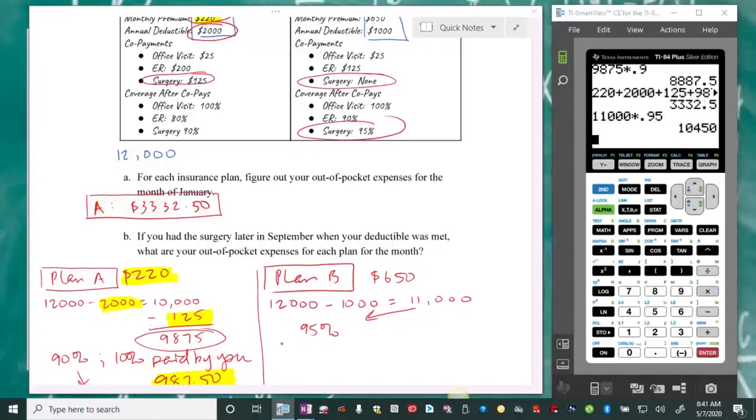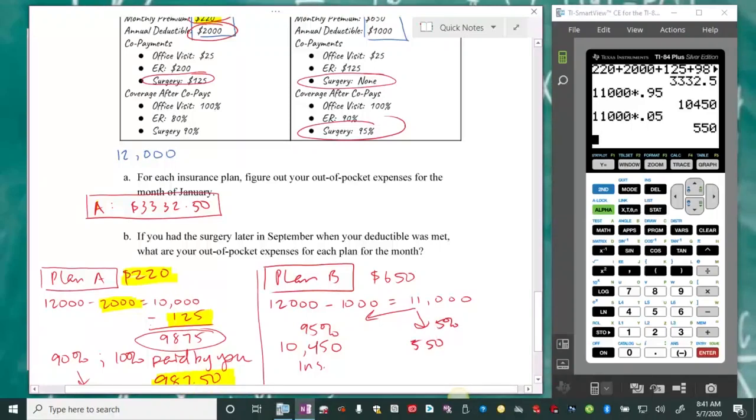So that's going to be 10,450 paid by insurance. And we're paying the other 5%. So if I take 11,000 and multiply that by 5%, we pay the 550, which represents 5%.